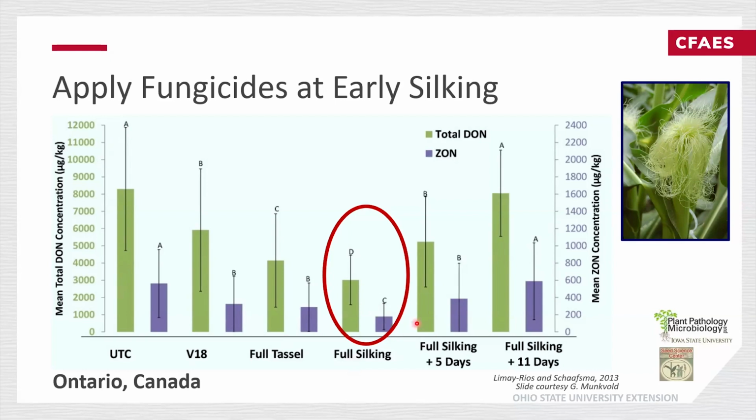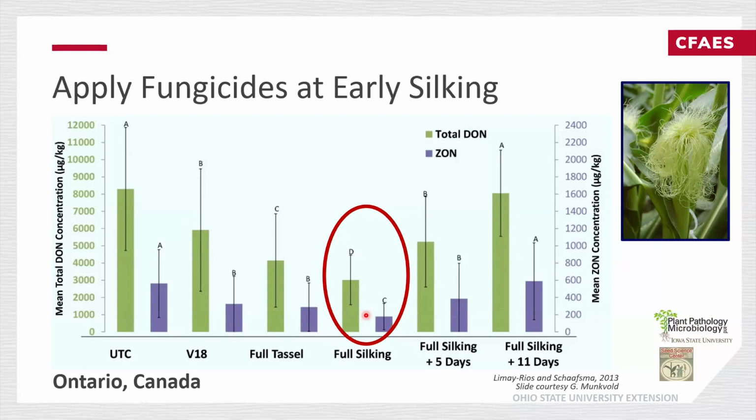So what this trial found was that full silking, so that early silking period, gave us the best control as far as DON accumulation compared to that untreated control. But we know that's variable in the field, and weather may throw a wild card on when we can get into the field to make that application.